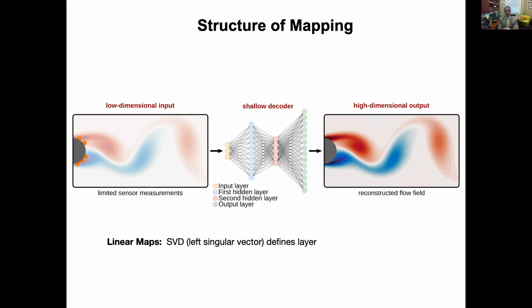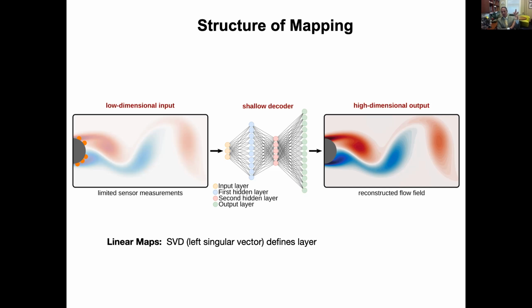What I'm showing you on the left and the right of the network is exactly what we're doing. On the left, you see those orange balls; we're going to do flow around the cylinder. Those orange balls are my sensors. I have 5 of them, and they have some numbers. As I record in time, those sensors have numbers, right? It's like, here's what the sensor says.